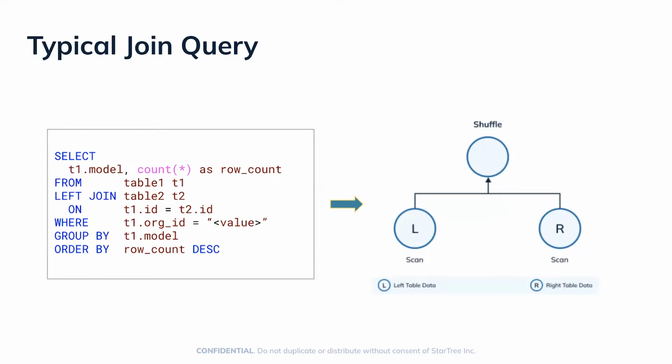So for example, this is an inner join or a left join that matches the IDs and tries to come up with some aggregated results. It's a typical star schema join, right? You're trying to enrich the fact table with the dimension table to do some filters on the dimensions.